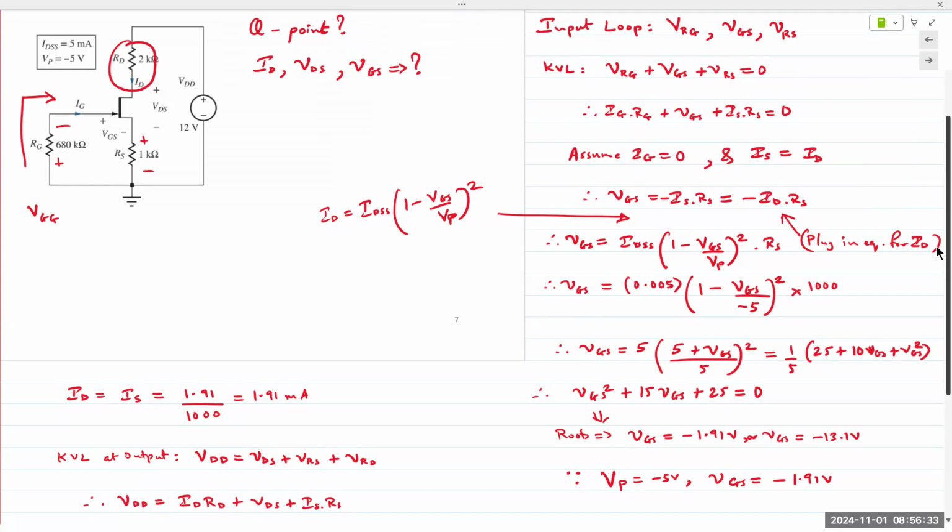It's almost equal to 0. And so for many circuit analyses involving JFETs, we assume IG is equal to 0. And if IG is equal to 0, then the drain and the source currents are exactly the same. And so we assume ID is equal to IS. Thank you.